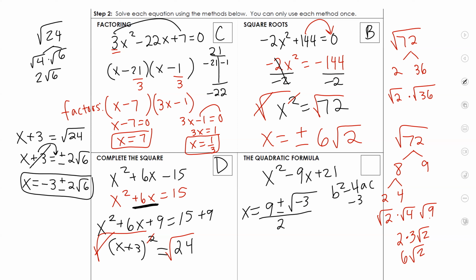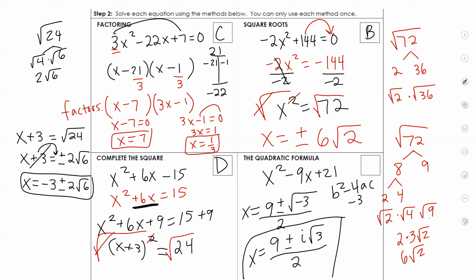Okay, and then we'll simplify. What's the square root of negative 3? Yes, it'll be 9 plus or minus i square root of 3 divided by 2. So this is your answer.